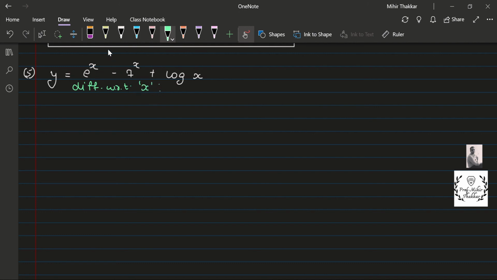So derivative of y, as you all know, dy by dx is equal to derivative of e raised to x is e raised to x itself, but when I want to find the derivative of 7 raised to x, it is in the form of a raised to x.